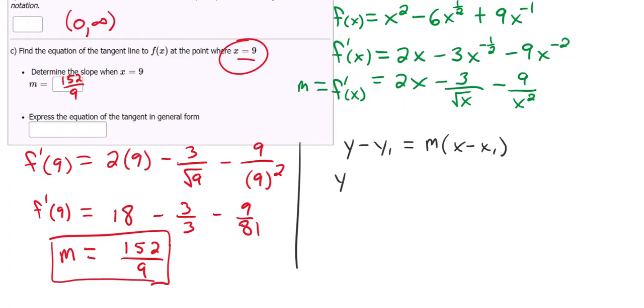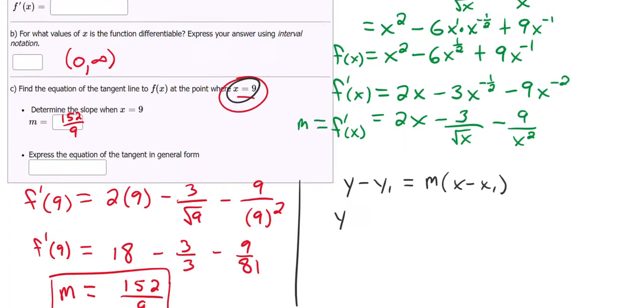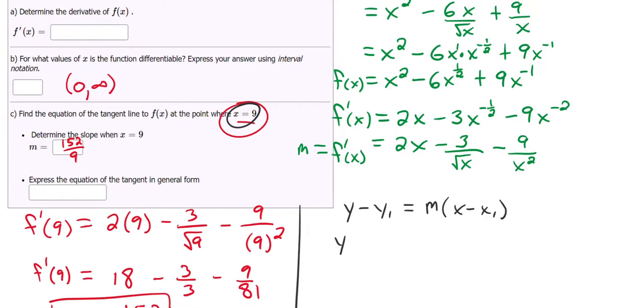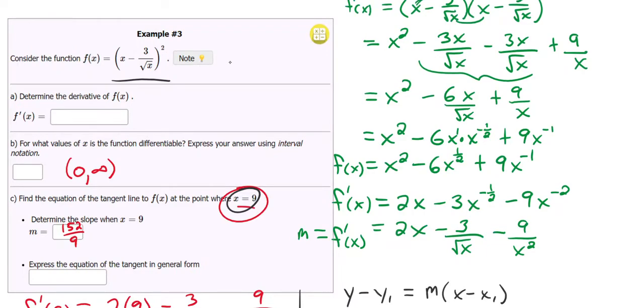Okay, so our x value is 9, and we know our original function, that was f of x. So let's find out f of 9 is equal to 9 minus 3 over the square root of 9, squared. So f of 9 is equal to 9 minus 1, right?